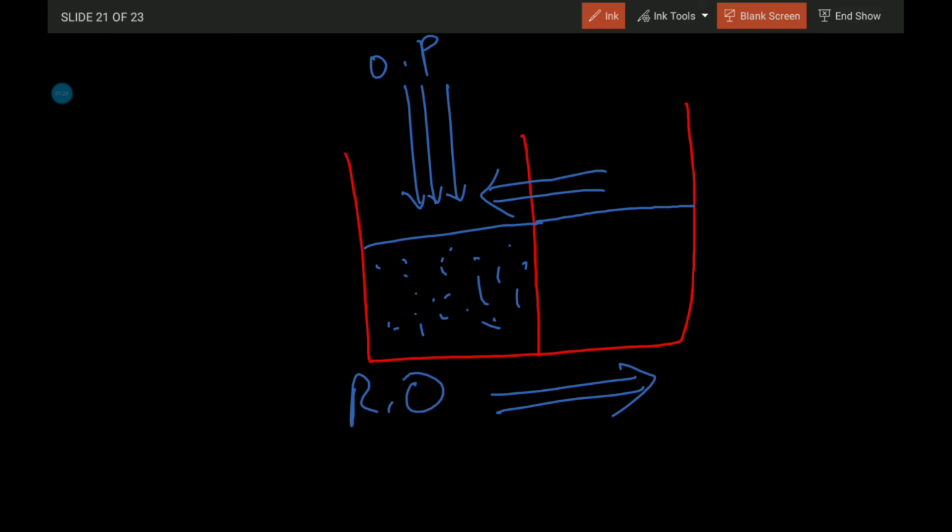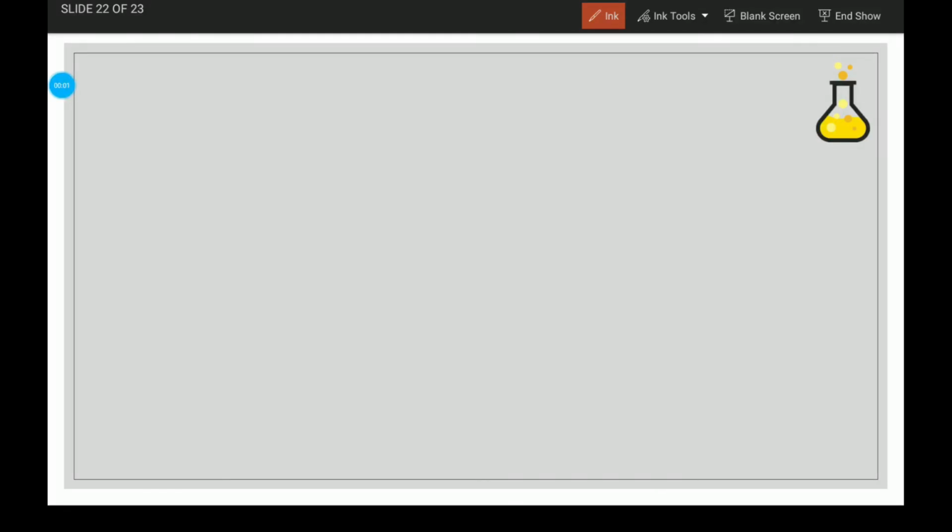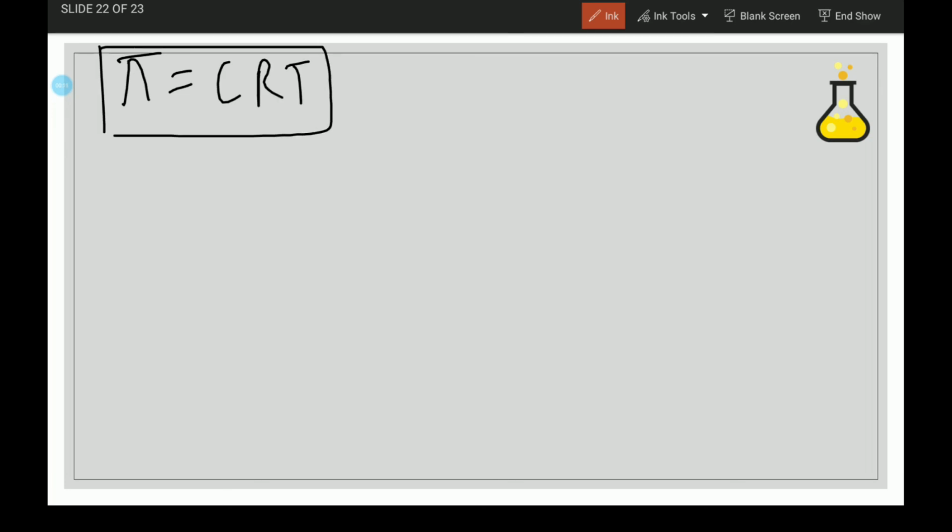RO filtration plants. Everybody has that at homes, right? So let us now have a look at the equation of osmotic pressure. Osmotic pressure, or pi, is equal to CRT, where C is the concentration, mostly molarity, R is the universal gas constant, T is the temperature in Kelvin. Let us take an interesting example.